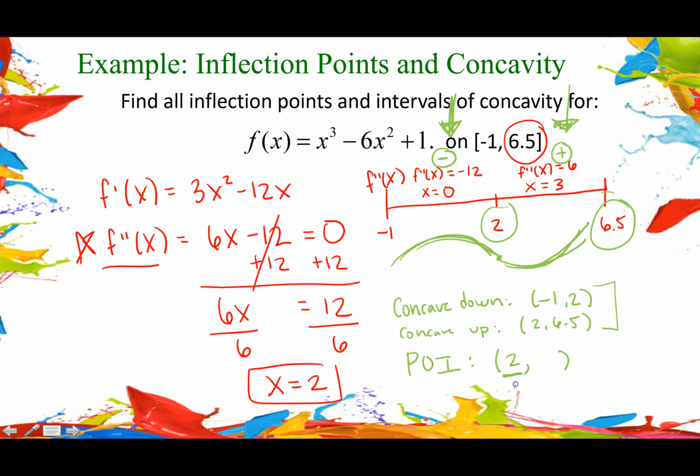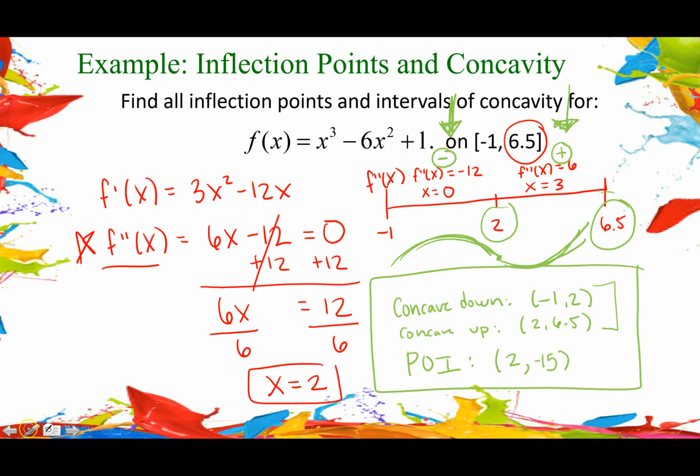So I'm going to take this 2 and plug it into my original equation. So that's going to give me 2 cubed, minus 6 times 2 squared, plus 1, and that gives me -15. So that is my point of inflection. And I have found all 3 things that I was supposed to find.